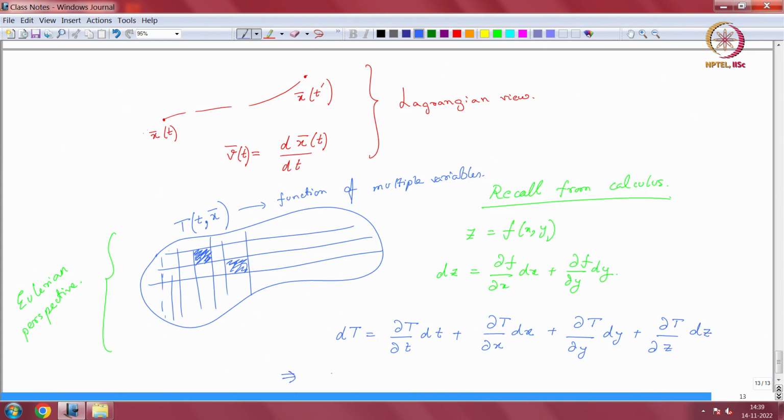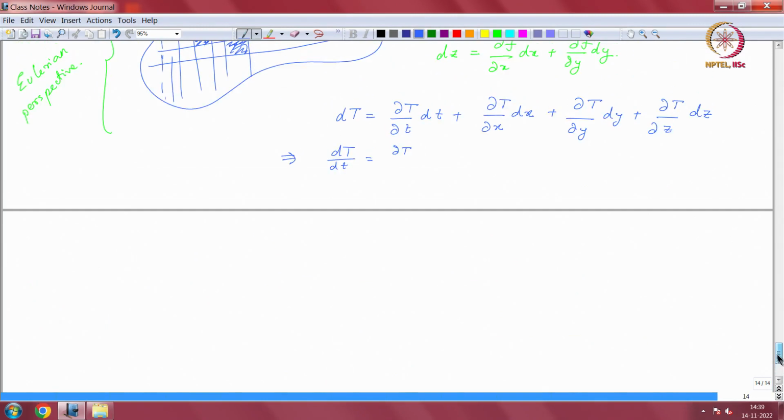So this says that my dT, my total derivative here, is nothing but this, plus these other terms.